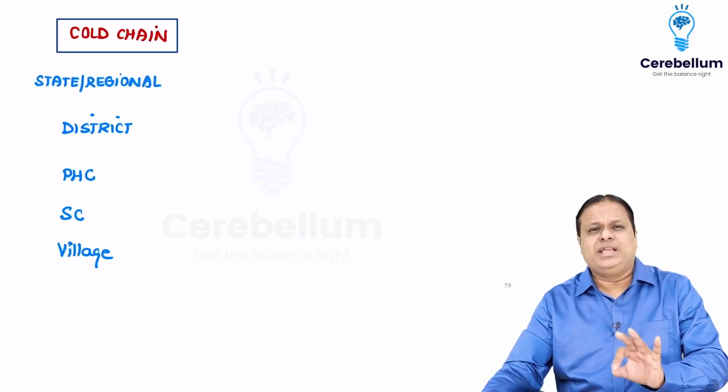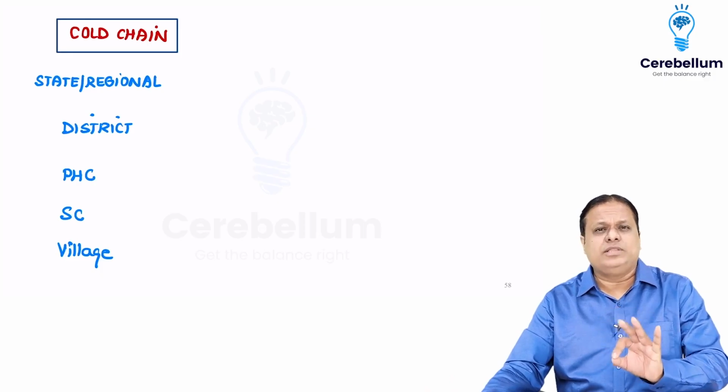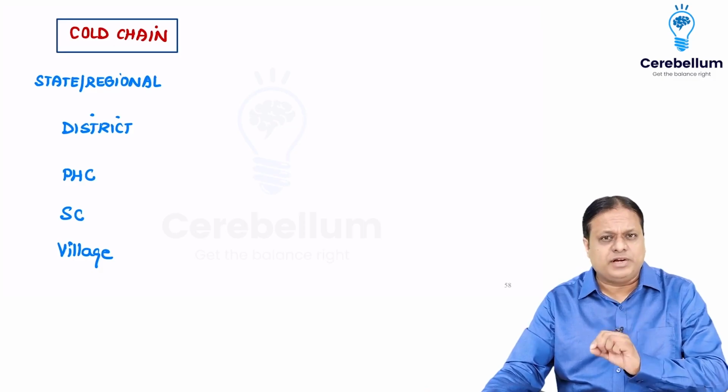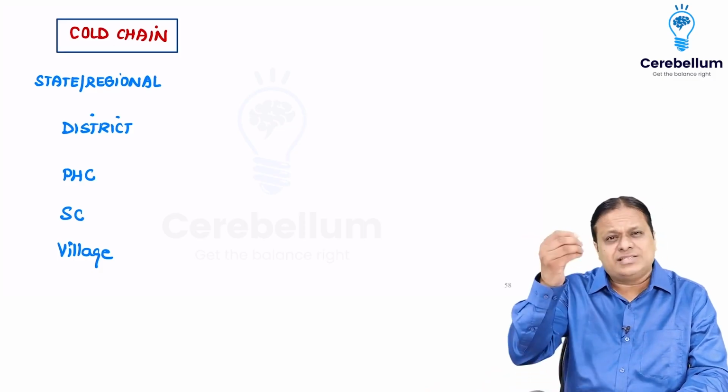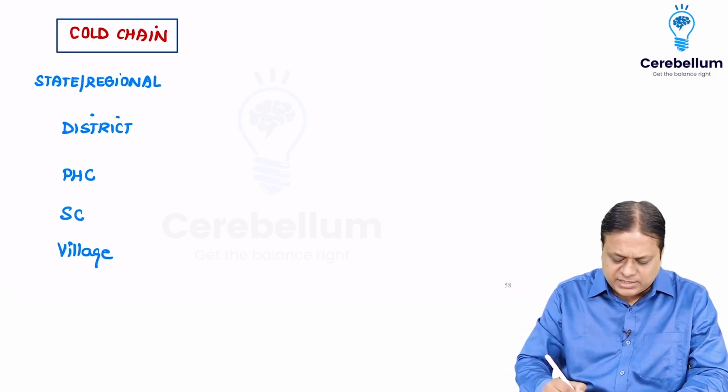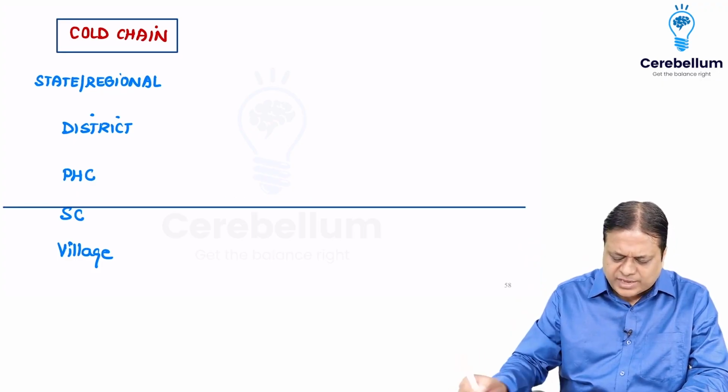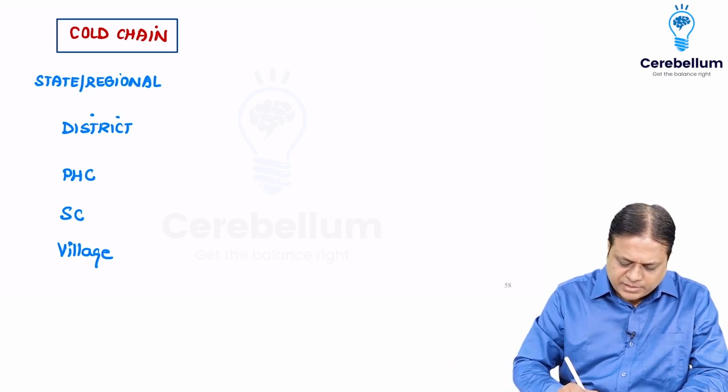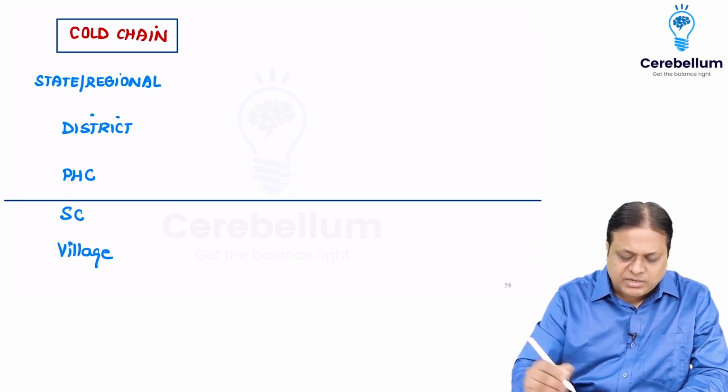Cold chain maintenance of temperature of vaccines right from the point of manufacturing till the point of administration. Here we can study this in 5 different levels of our healthcare system. Now if you look, vaccines are stored in India up to primary health center level only.